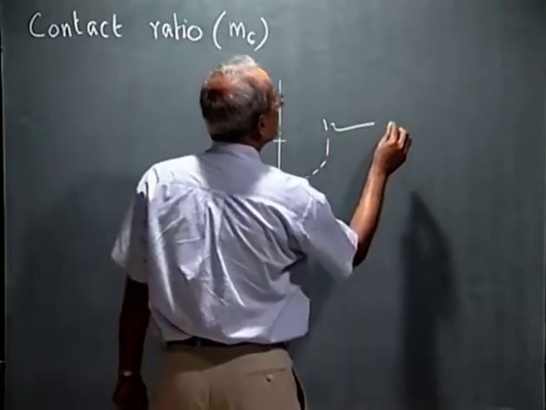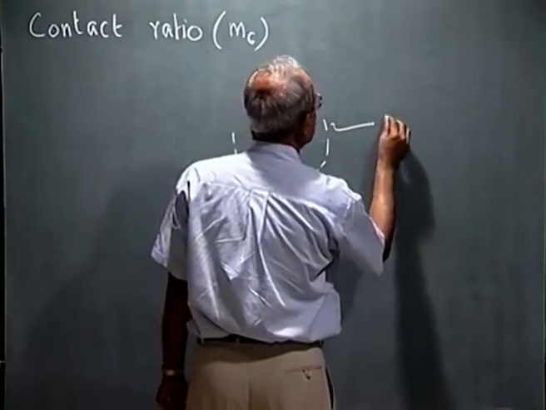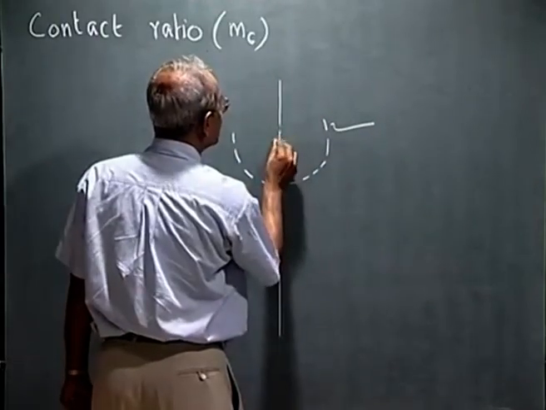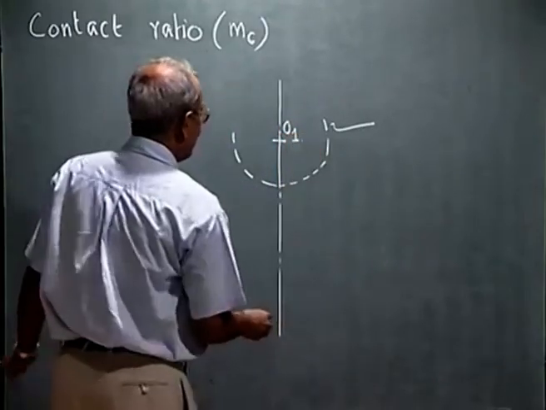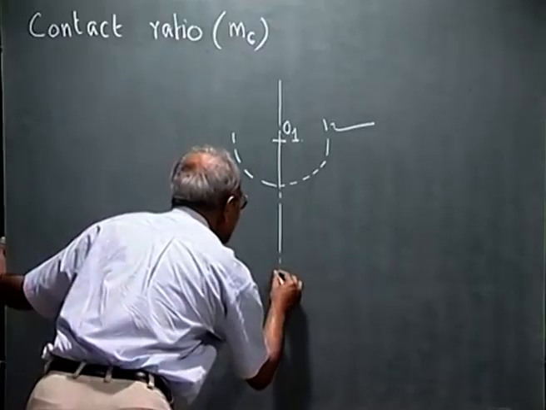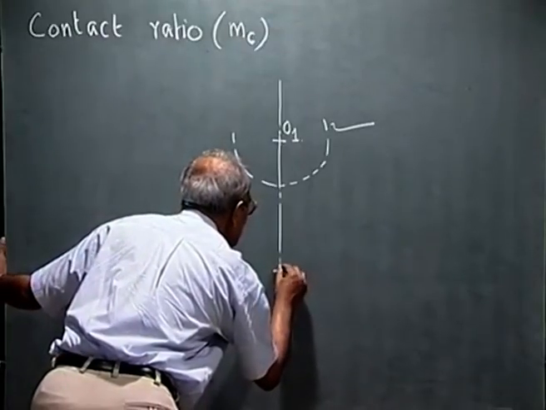Let us say this is one base circle and the center of this gear is at O1, and the center of the other gear is at O2.